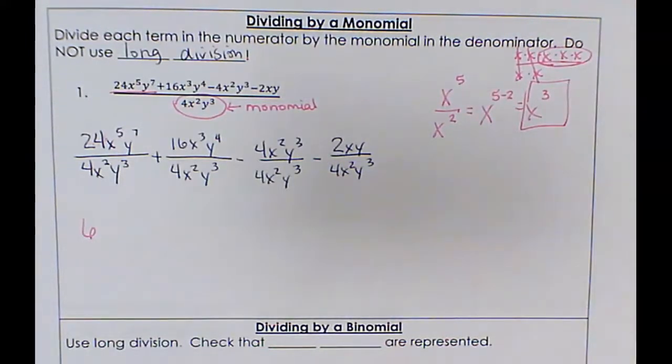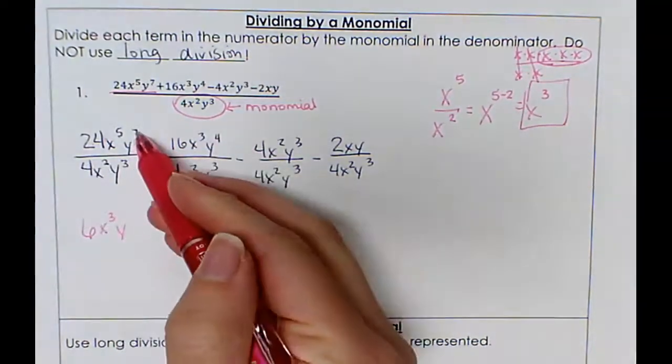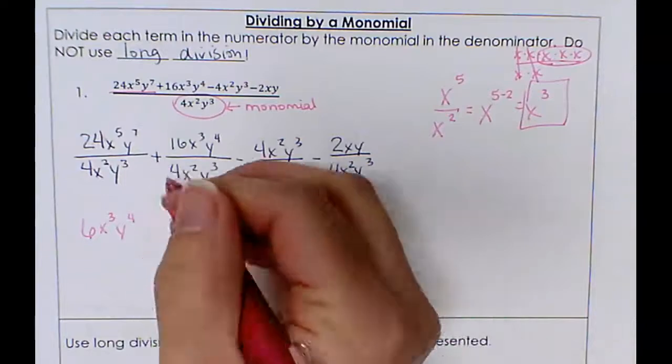So what we've done is subtraction. Keep that in mind whenever you're simplifying each of your fractions here. So this is x to the power of 3, y to the power of 7 minus 3, which is 4, plus our next term.